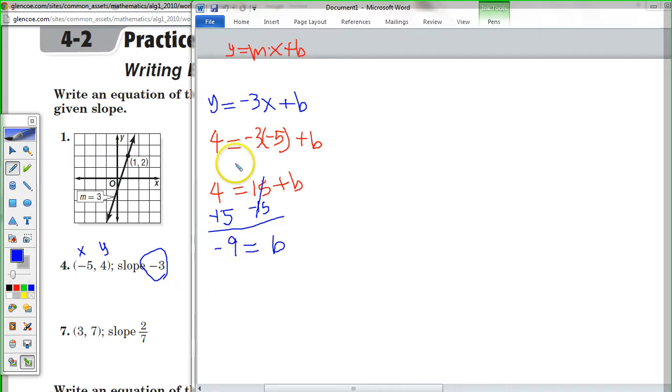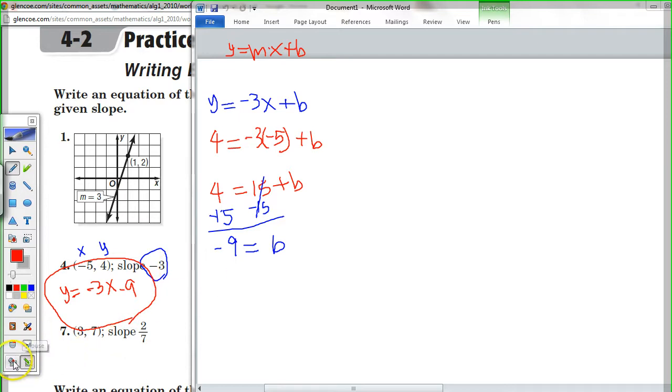Okay, so now I know what my slope is, I know what my y-intercept is, I'm going to rewrite my equation. So my final answer here will be y equals -3x, and my y-intercept is -9, so -9. There is my final answer.